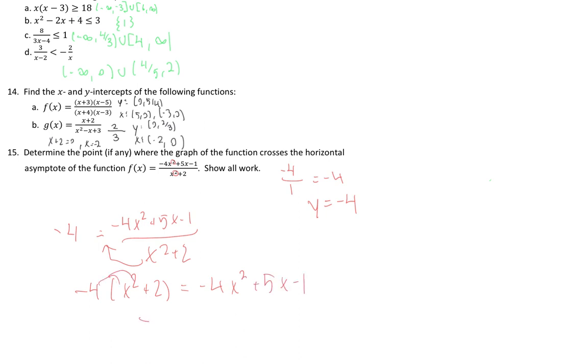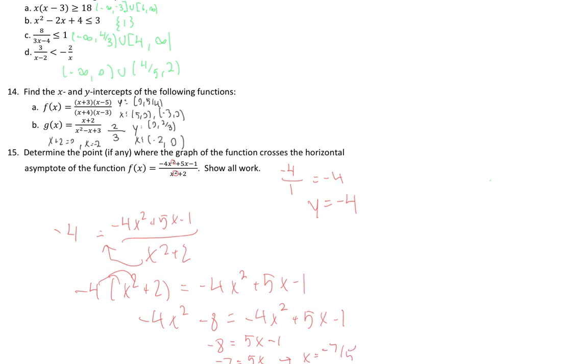Distribute: minus 4x squared minus 8 equals minus 4x squared plus 5x minus 1. I'll add 4x squared to each side, so we get minus 8 equals 5x minus 1. I'll add the 1 over, so we get minus 7 equals 5x. That means x equals minus 7 over 5.